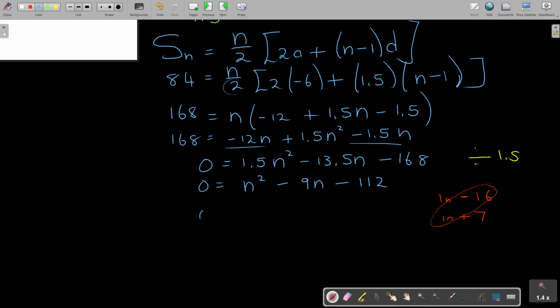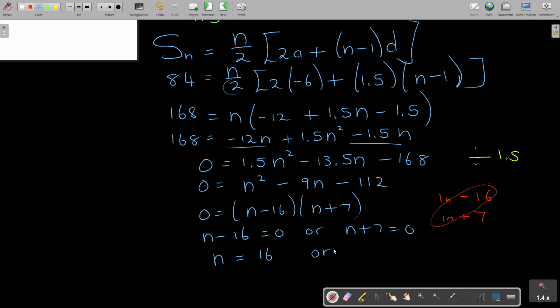So it's going to be n minus 16 and n plus 7. So if I say n minus 16 equals 0 or n plus 7 equals 0, then n equals 16 or n equals negative 7.